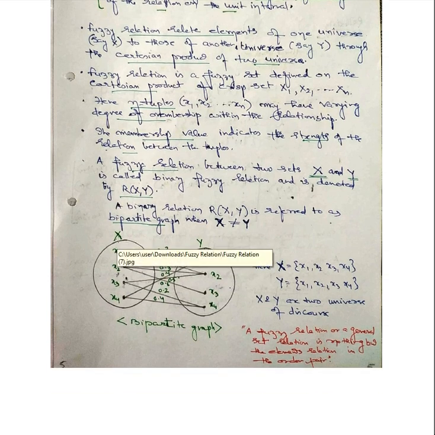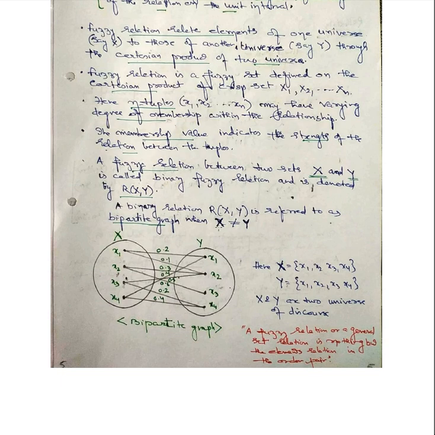Now if you look across the sagittal diagrams here with respect to the fuzzy relations x cross y, we define a set of elements x under the universe of discourse x and another set of elements under the universe of discourse y. If you are mapping a number of elements, and all the elements are mapping, then we say that this satisfies the conditions of the unconstrained.